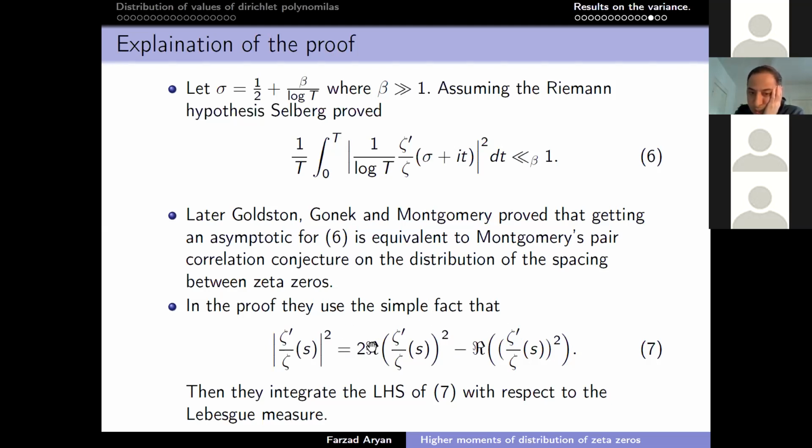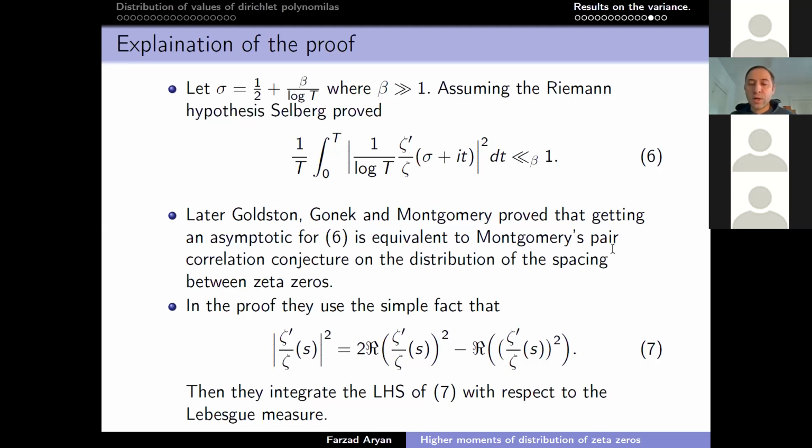But this term, as I said, the real part of the logarithmic derivative, is very closely tied to the distribution of zeros. Therefore, if you assume Montgomery's pair correlation conjecture, you would understand this object very well. So that's what they did. They connected the size of that and the size of the real part, because the Lebesgue measure of this part disappears.